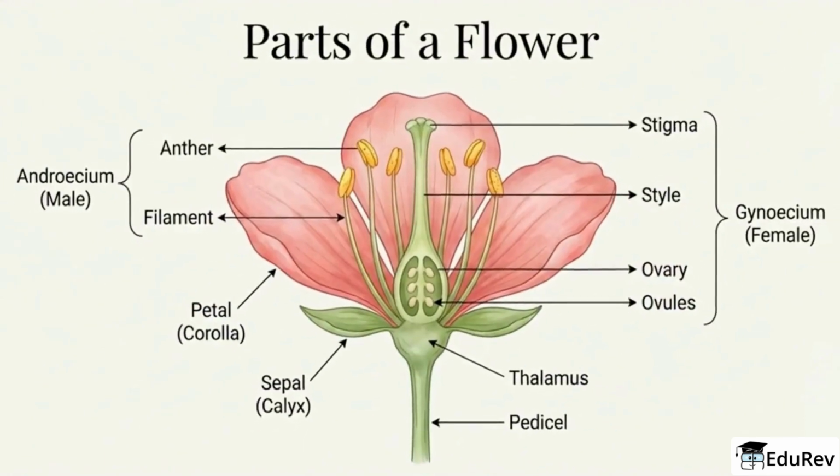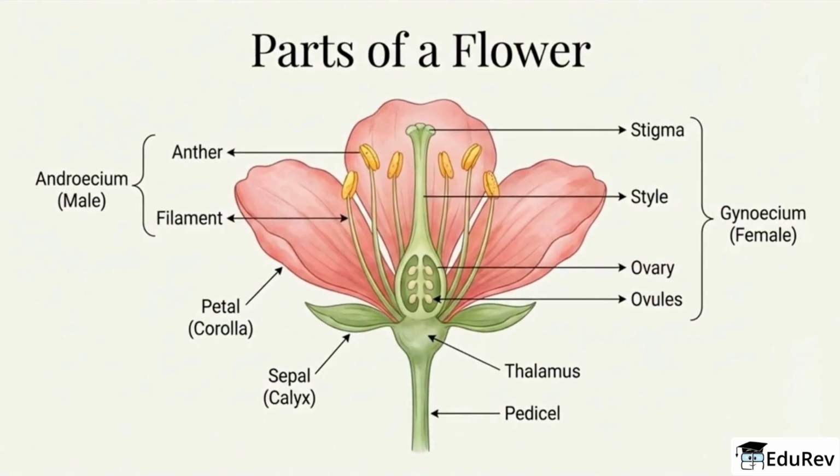Looking at a single flower, you can separate male and female structures and several supportive parts. The gynoecium is the female reproductive unit made of ovary, style, and stigma. The stigma receives pollen, the style elevates it, and the ovary contains ovules.